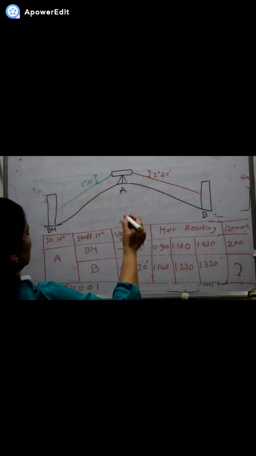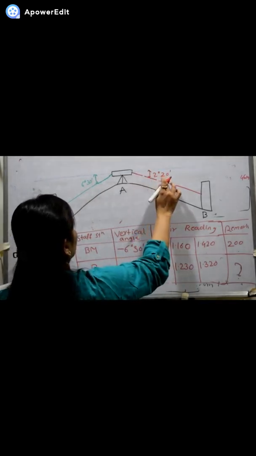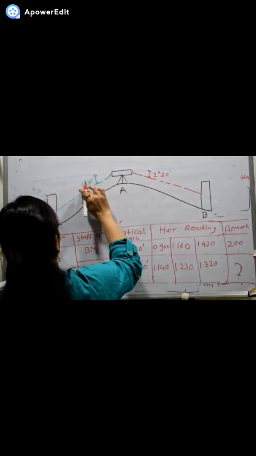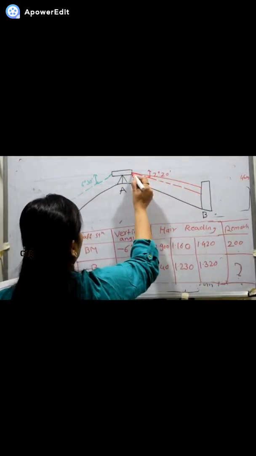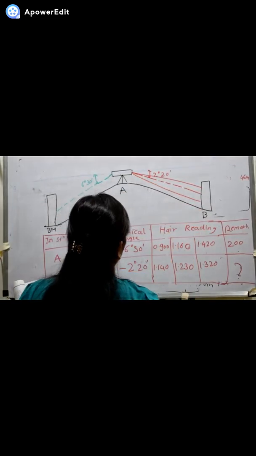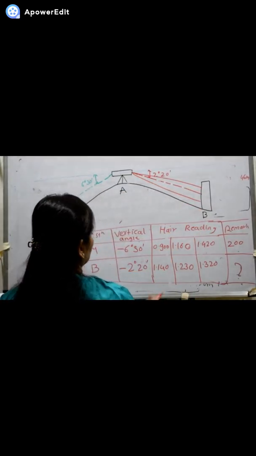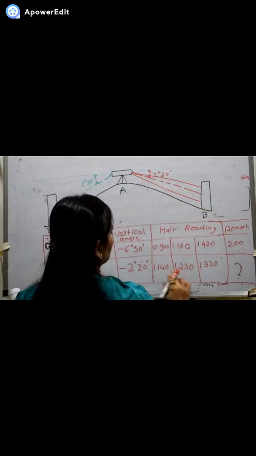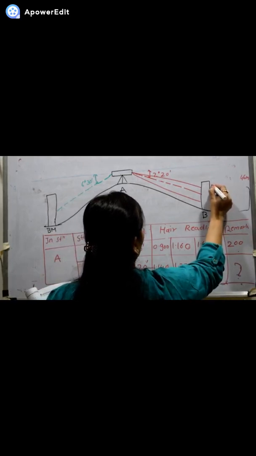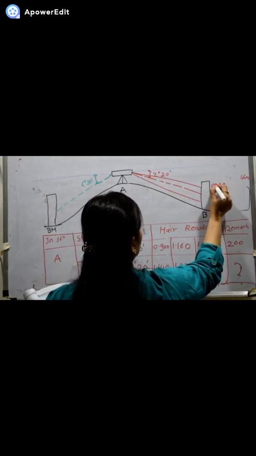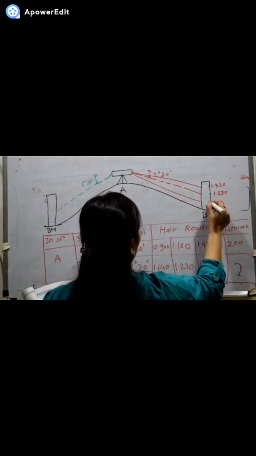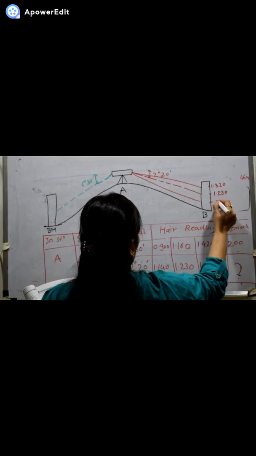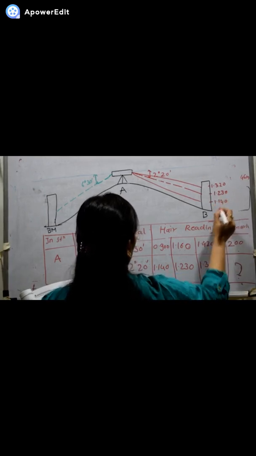Now we take the middle hair reading, the top hair and the bottom hair reading. The top hair reading will be the maximum at station B. The station B top reading is 1.320, middle reading is 1.230 and the bottom reading is 1.140.